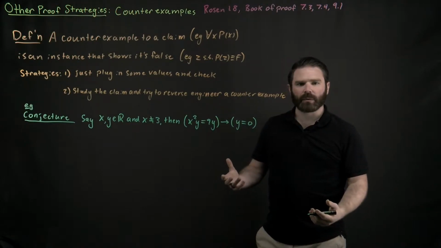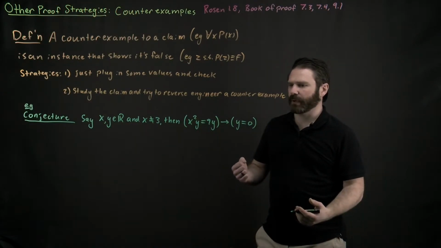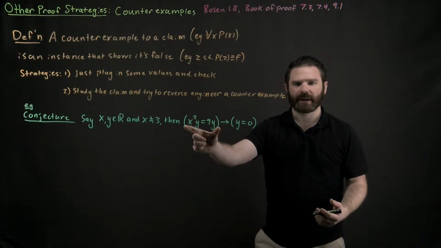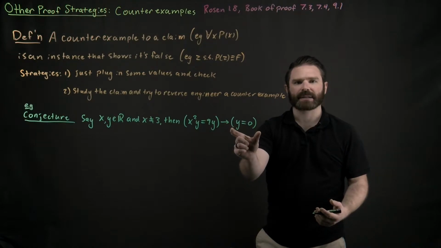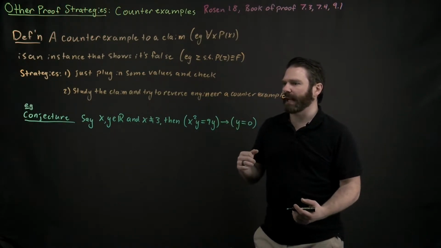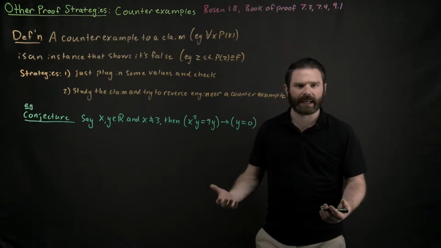Say x and y are real numbers where x is not equal to 3. Then, if this equality is satisfied, then y has to be 0. So I could indeed try strategy number 1 and start plugging in values and checking.